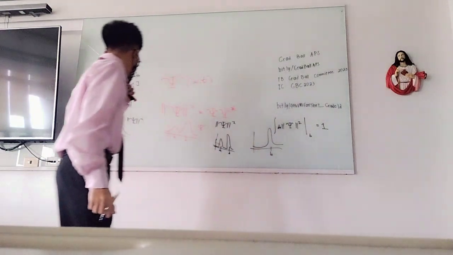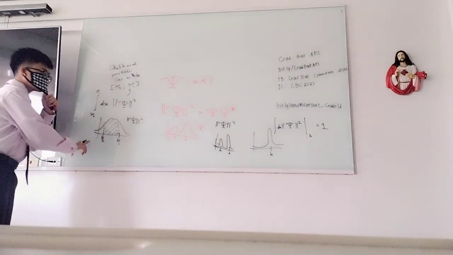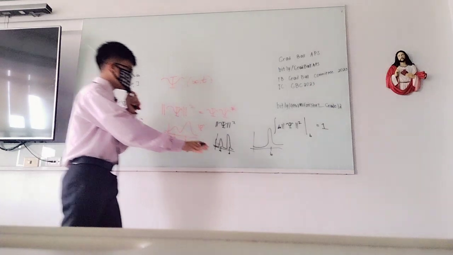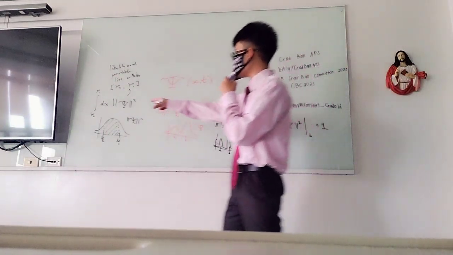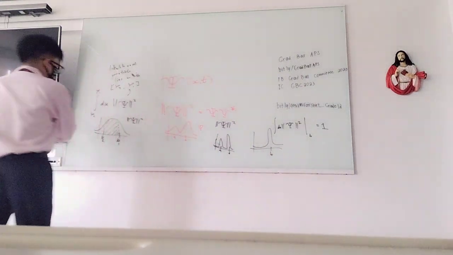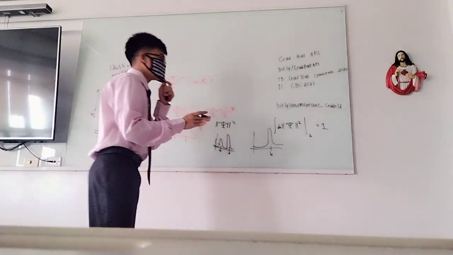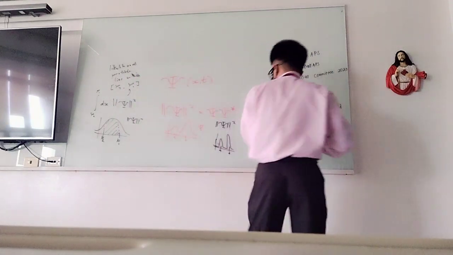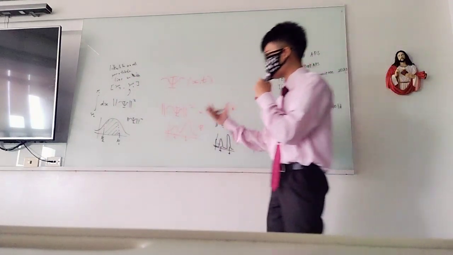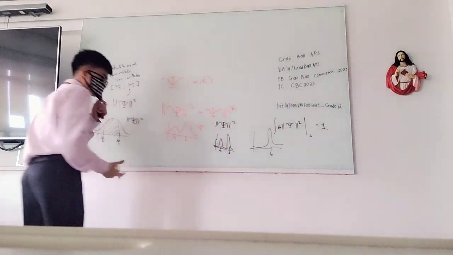And likewise, if we sum it all from minus infinity to positive infinity, what we're essentially saying is that we're taking the integral over all space: how likely are we to find the particle at any point in space-time? And the answer to that is 100%.